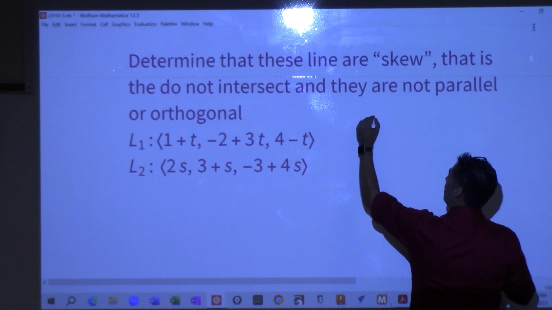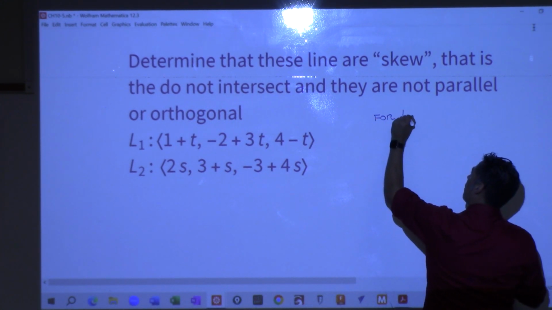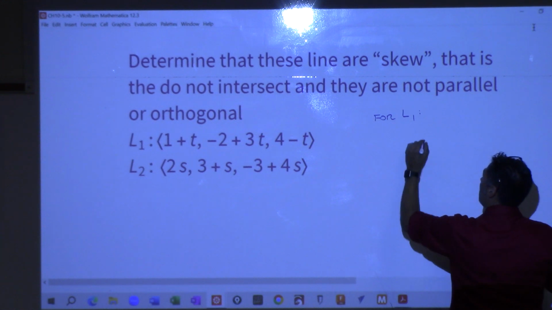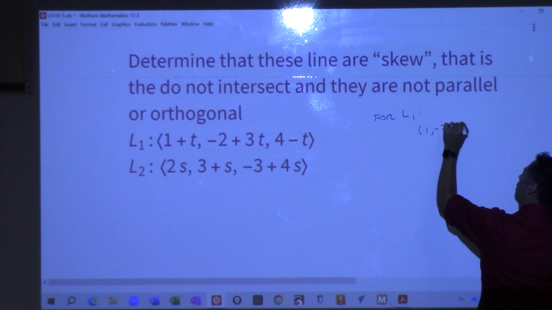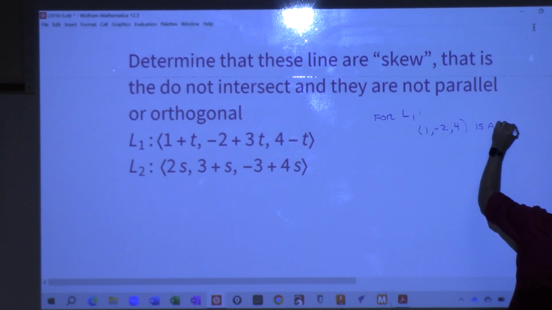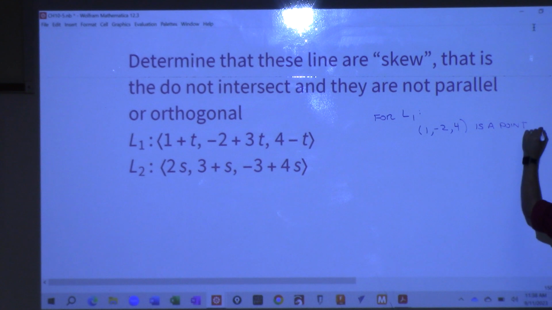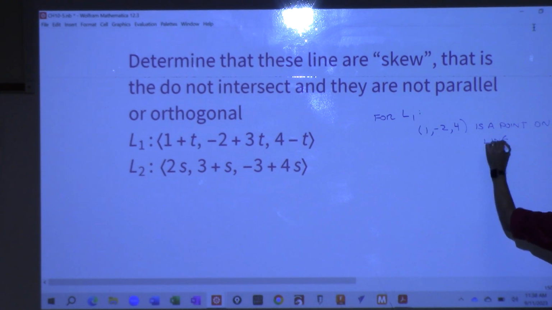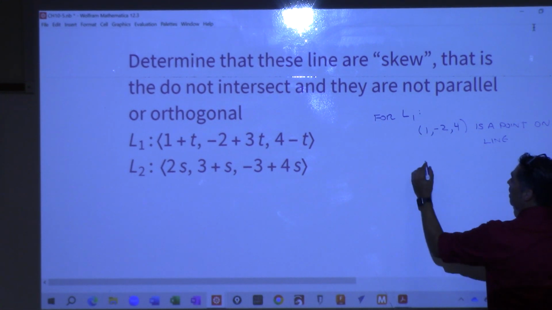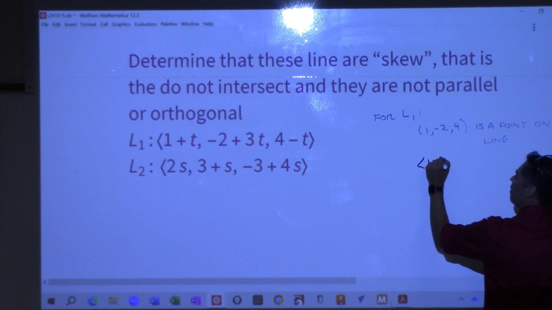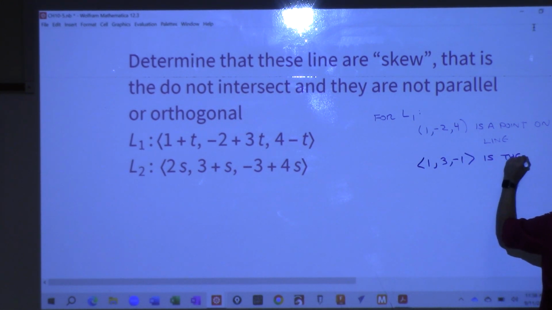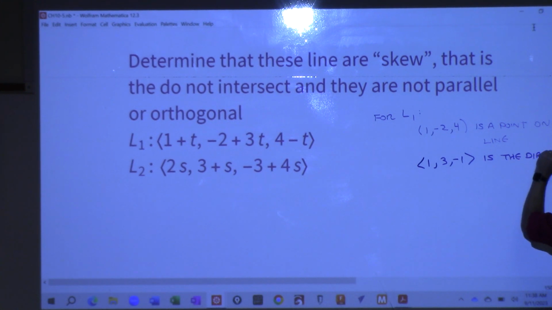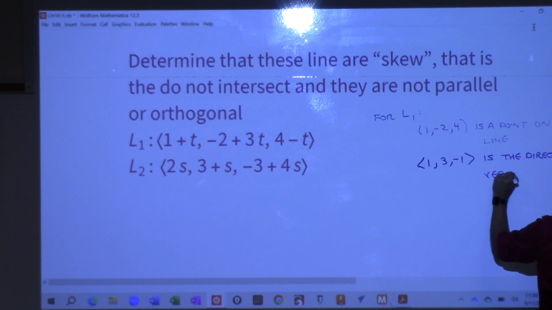Let me recap a little bit of what we just did. For L1, we have 1, negative 2, 4 as a point on the line. Might be useless information, but it's something we can recognize. More importantly, the vector 1, 3, negative 1 is the direction vector of that line.